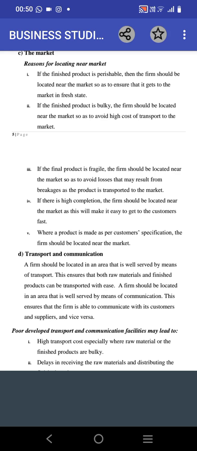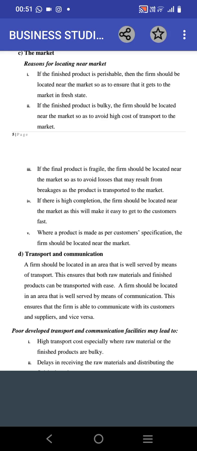When the product needs to be given information about, you should not locate it far away from the market. You should locate it near the market to create awareness about the product, I mean the information about the product.